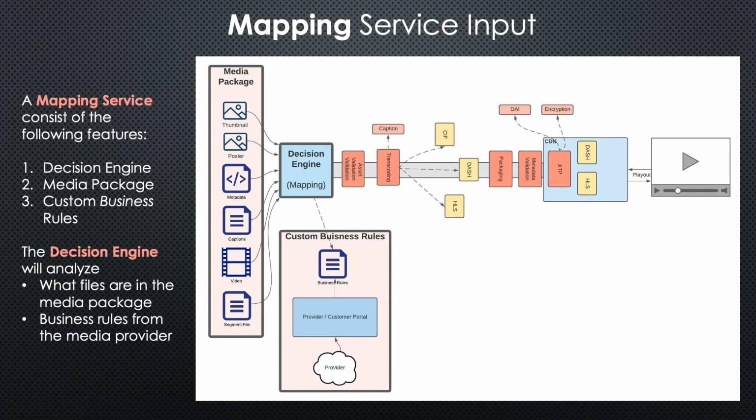So the idea is that there may be business rules that the decision engine or the mapping service also reads. And from that, it will be able to make a decision from the business rules and from the media package. It can make a decision of what services need to run and how.